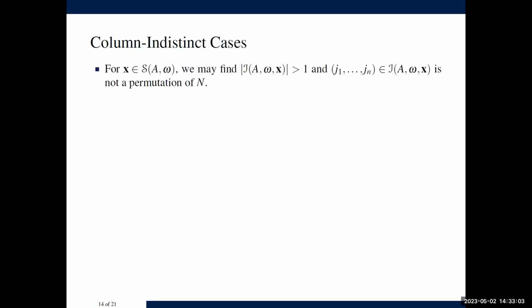Okay, now for the second part, which is about the case when there are some duplicates in the columns. First of all, it is possible that for a solution X, the set of solution index is more than once, because of duplicates in several columns, and then the corresponding tuple is not a permutation.